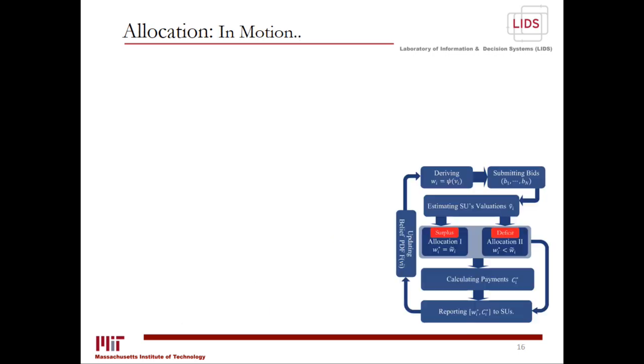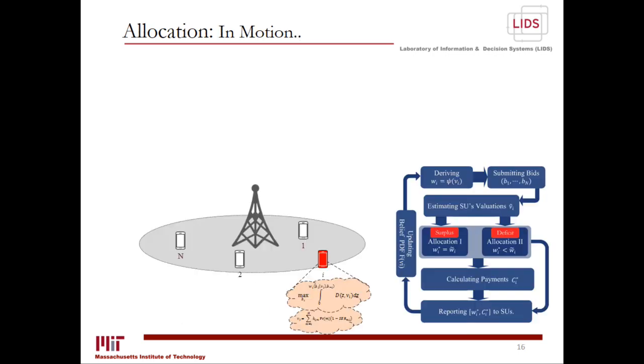Now, I want to summarize. In motion, what happens is this. Devices maximize their revenue by finding the revenue maximizing strategy, how much bandwidth they need. They don't have to, at this moment, request the total amount of bandwidth they require.